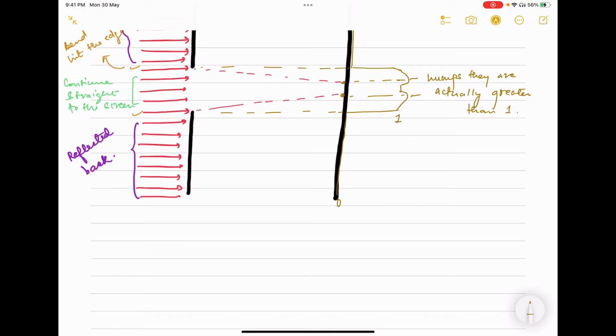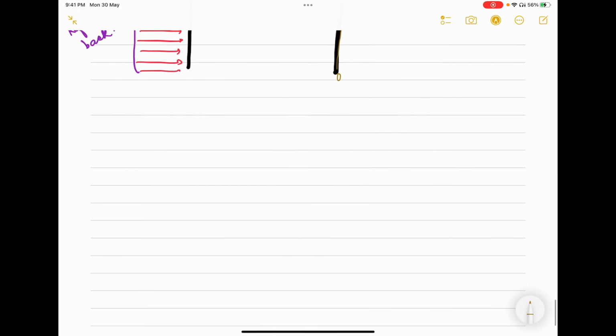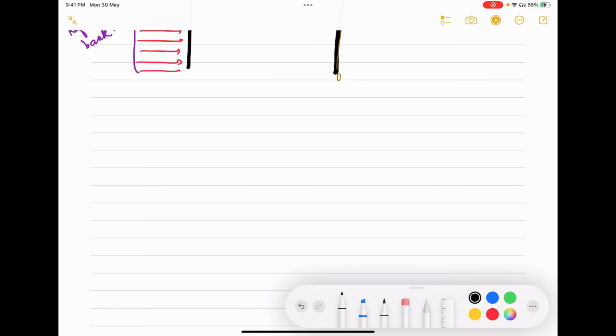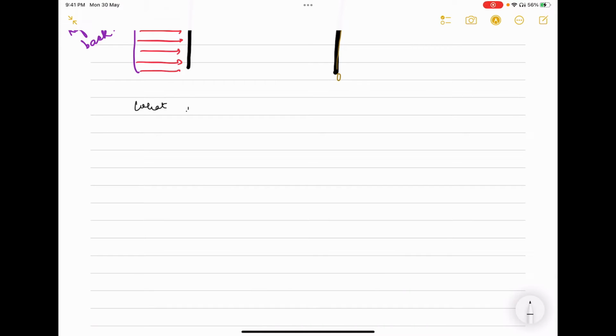Now, what if the slit is of the width of the wavelength of this wave? What happens if the slit is of the wavelength of the waves?